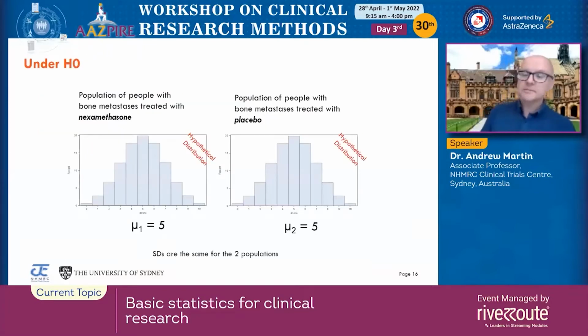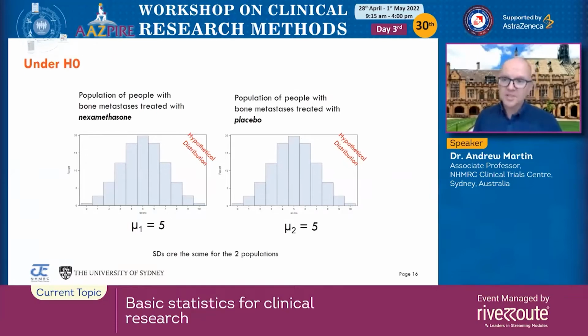So let's imagine we have the entire hypothetical population of interest treated with dexamethasone, and we've got their pain scores having been treated with dexamethasone. We've also, this is somewhat counterfactual, got the same population, but this time treated with placebo, and we've got the distribution of their pain scores.